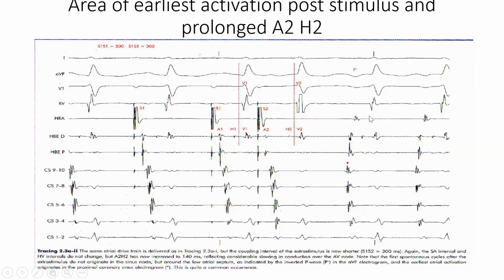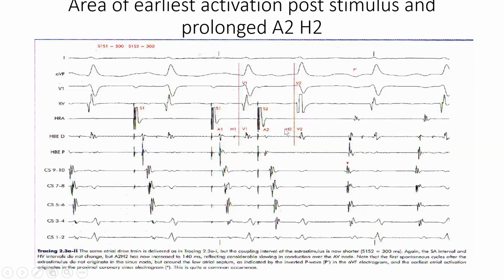Great. So I want you to remember, we've looked at this slide before. We noted that at the S1 there was A1, H1, V1, right? At the S2 there's a prolonged AH, right? And there is a normal HV, right? If you compare this H2 V2 to H1 V1, they look like the same duration.